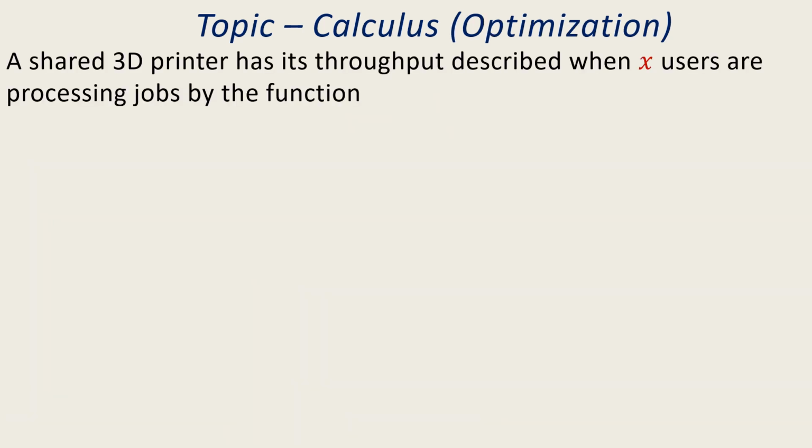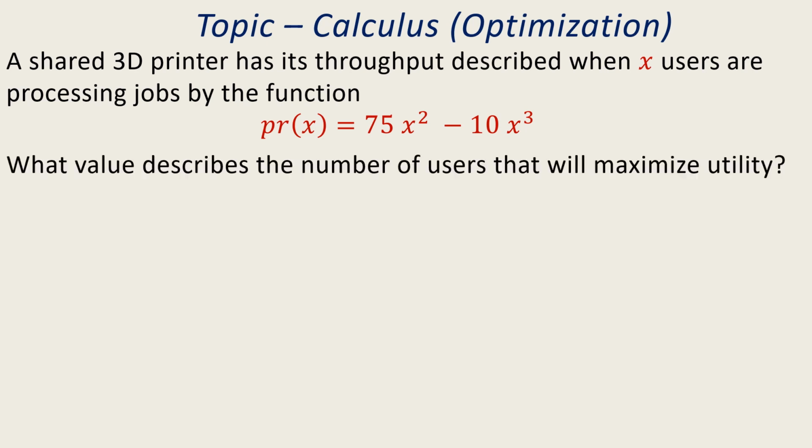We also looked at optimization, which is one of the main reasons why we are interested in calculus from a computer science perspective. A typical sort of question you might see: you're given a function arising in some application context. Here it's the throughput of a shared printer when some number of users are accessing it.